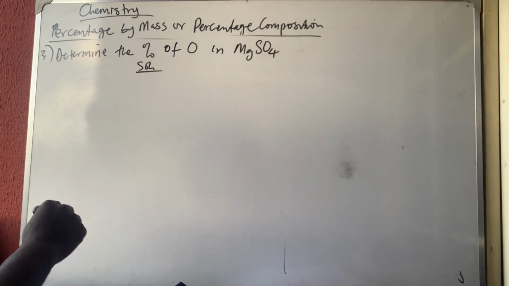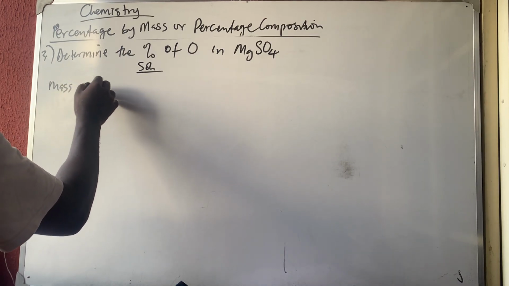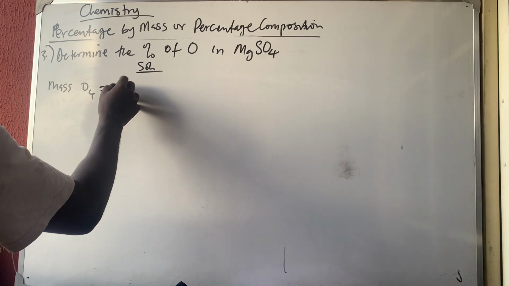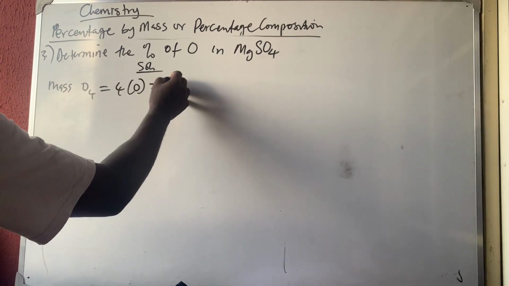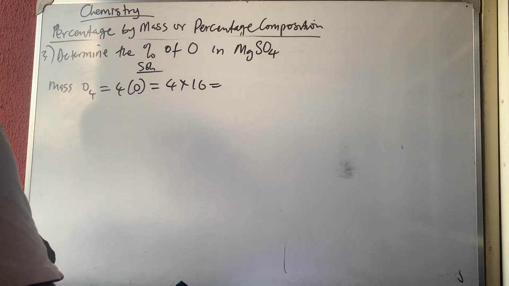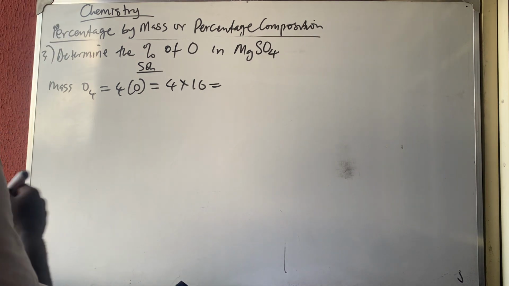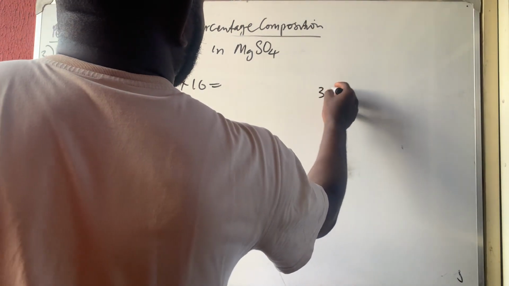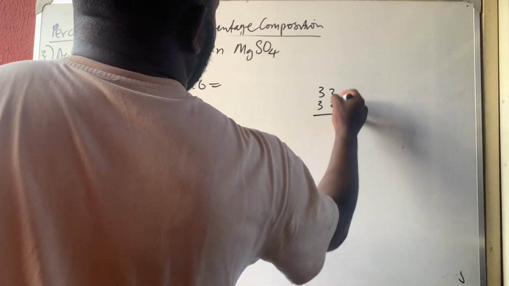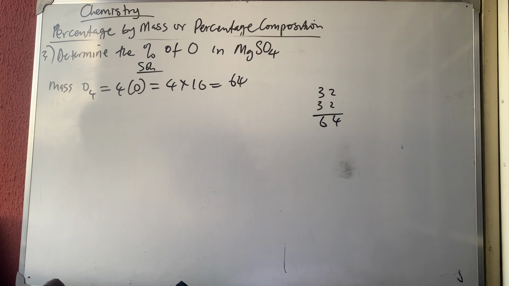The mass of oxygen there is O4, that is 4 into oxygen, which is 4 times 16. Can I get a calculator? So 4 times 16 is 64.